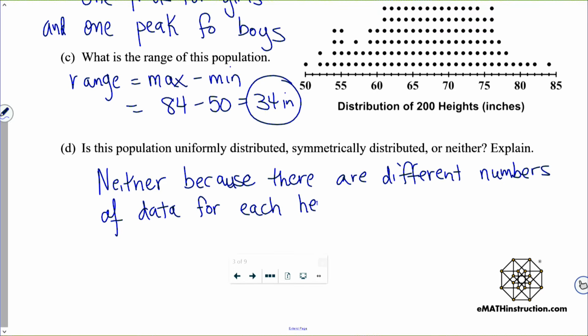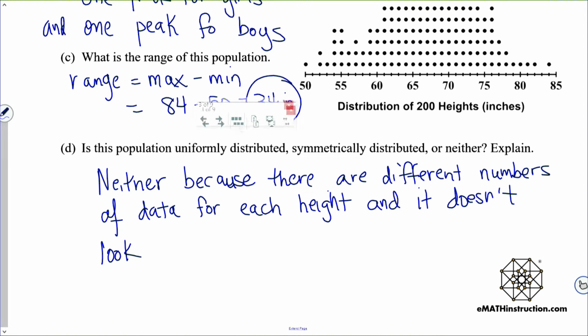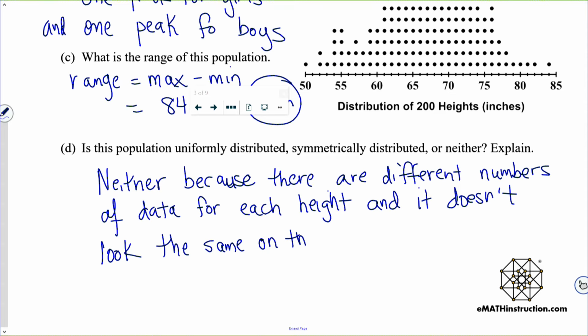Well, I'm going to say for each height. And it doesn't look the same on the right as it does on the left.